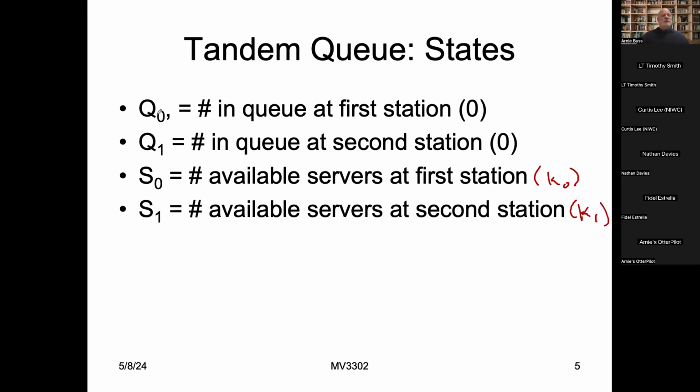So the number in the queue at the first station, the number in the queue at the second station, those are going to be two different quantities typically. And furthermore, the number of available servers at the first station, initially that first K0, and the number of available servers at the second station.